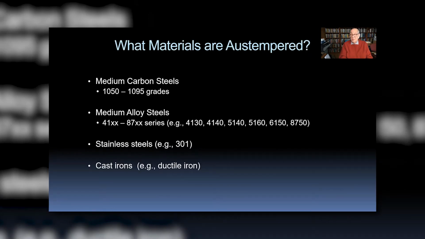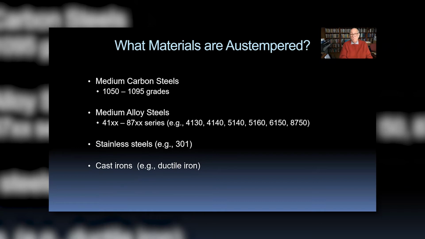Okay, what types of materials can be austempered? This is just a partial list, but mostly it's medium carbon steels. That's carbon steels with anywhere from 0.5 carbon to 0.95 carbon, or in other words, an AISI 1050 to 1095 grade.